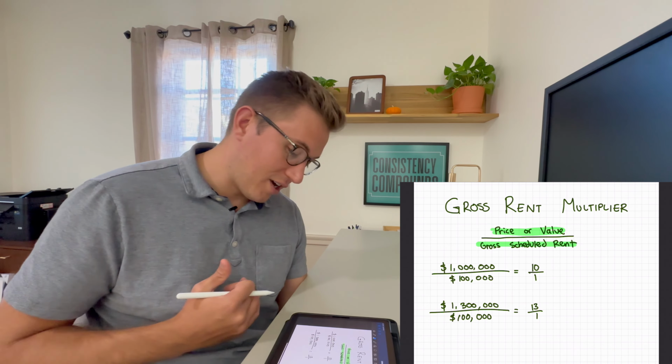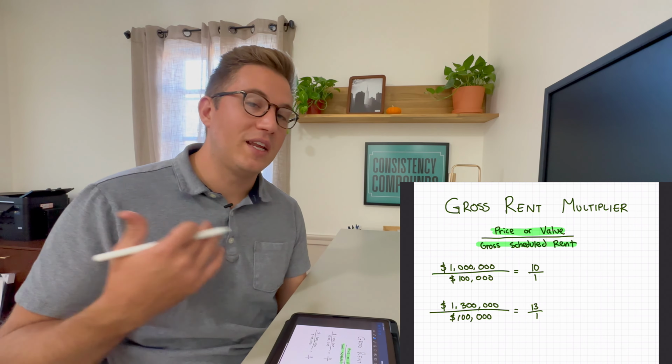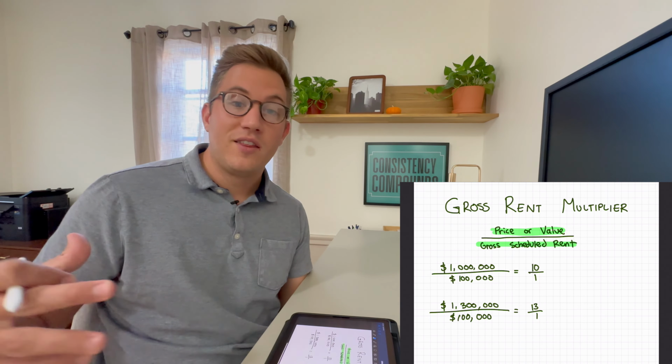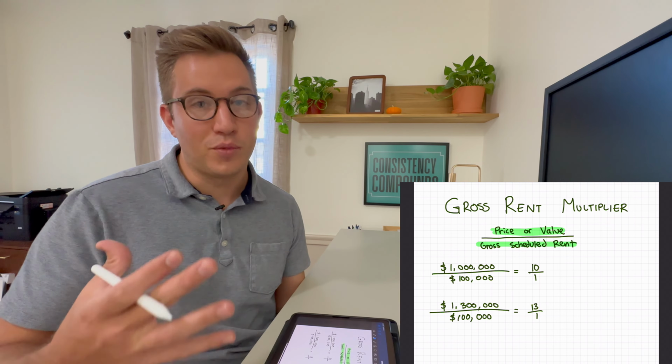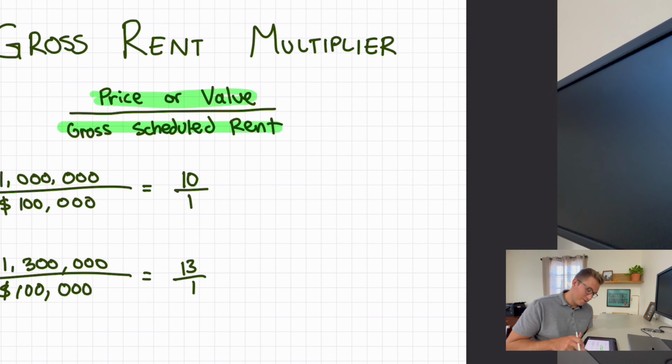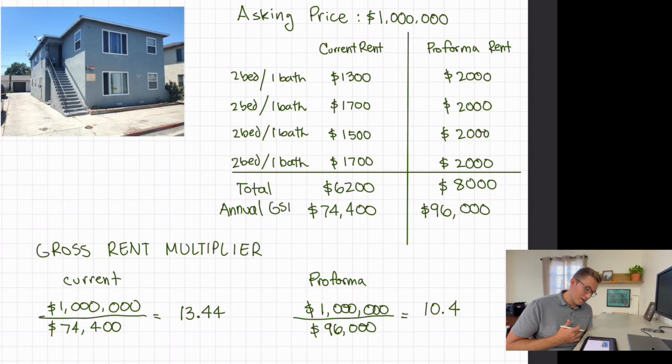This is great, but it doesn't really mean anything unless we know what the comparables in the market are selling for based on gross rent multiplier. So let's take a look at another example. This is an example of a property that we might see here in Long Beach. This property is priced at $1 million.